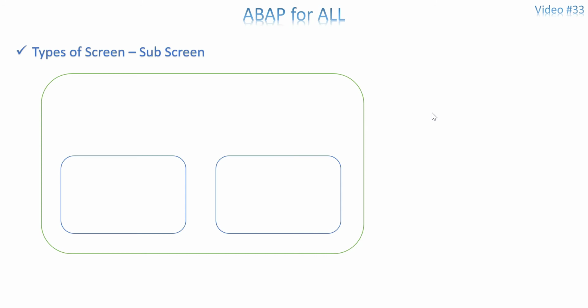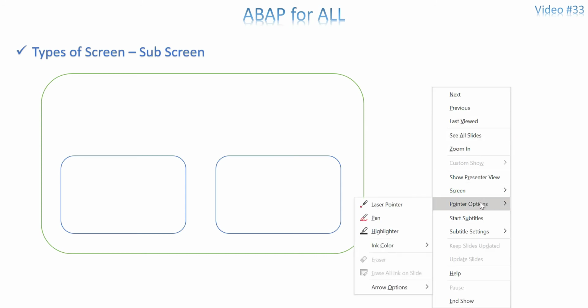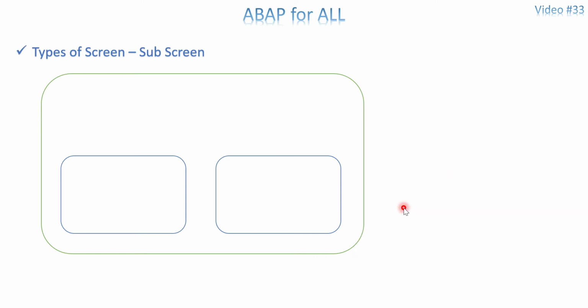First part is subscreen. So we have so far created the normal screen with some screen numbers like 100, and we didn't call the screen because I showed only the standard module pool program. So today I'm going to take a report and use that report as a screen program, a module pool program.